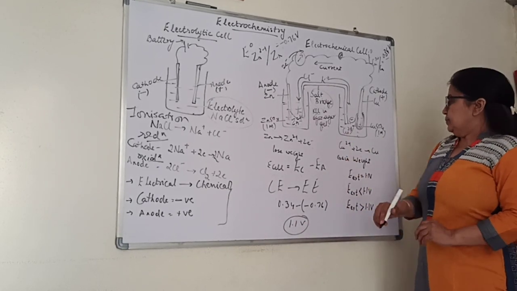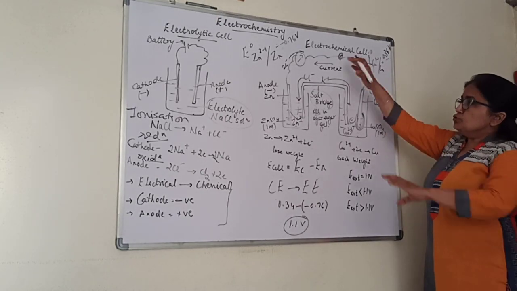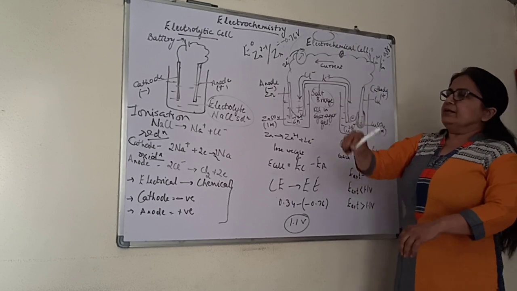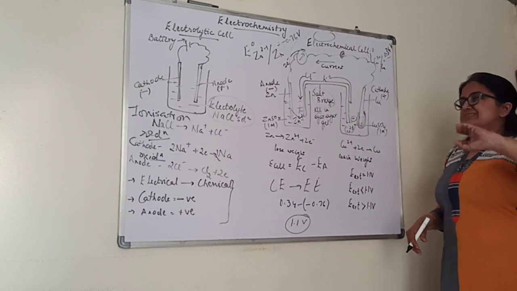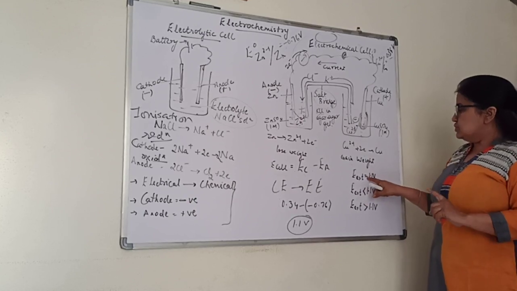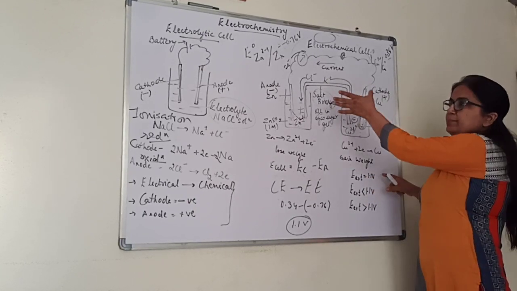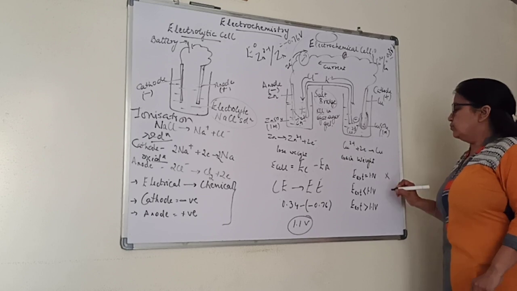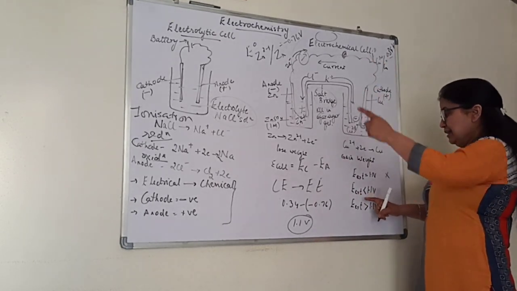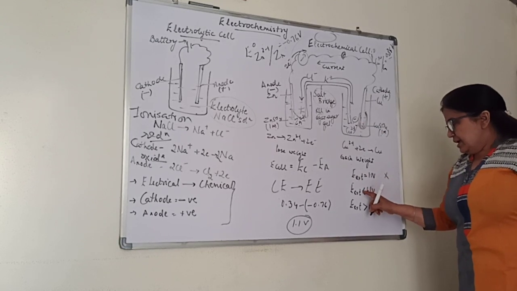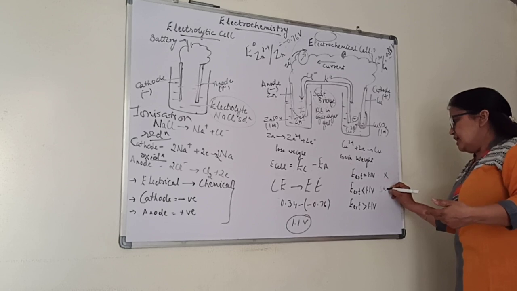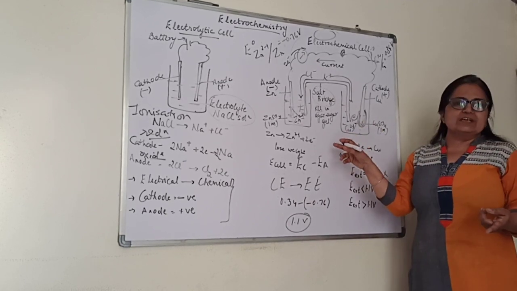Right? Now, if to this setup, further over here, we connect some external cell. If the external cell is having a potential of 1.1, same like this setup, no electrons will flow. If the external cell has EMF less than 1.1, the current will flow in the same direction as we have discussed just now.